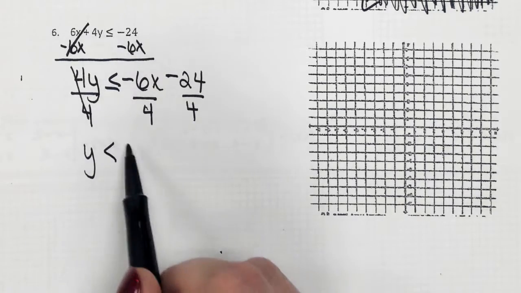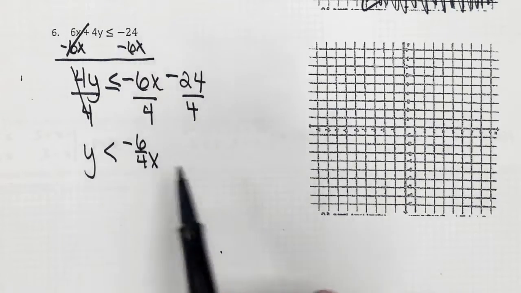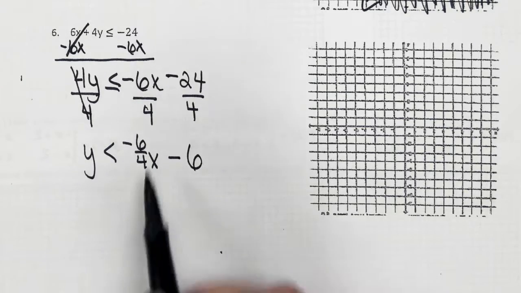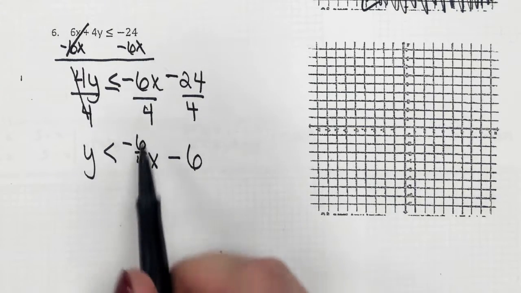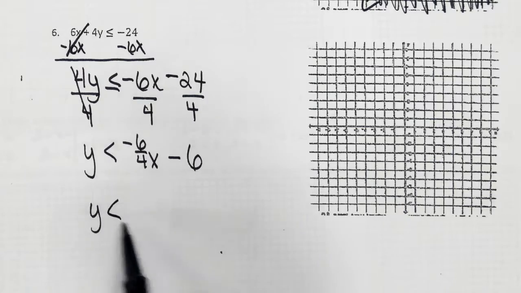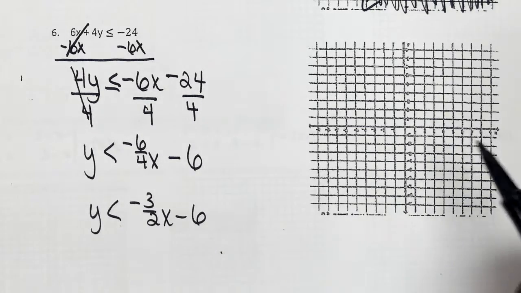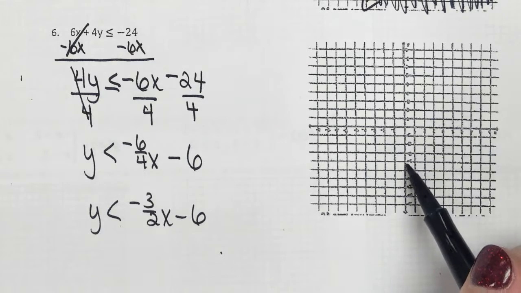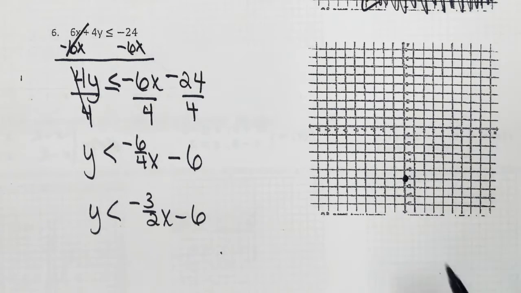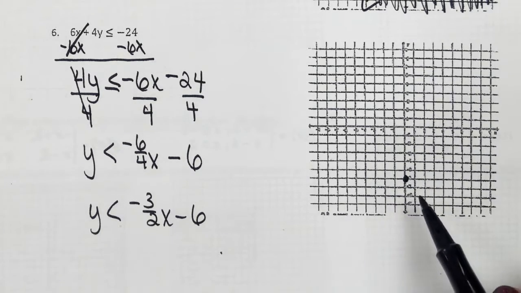So y is less than negative 6 over 4 x minus 6. But I really should reduce that guy right there. Negative 3 over 2. You'll get the same answer though, okay? So we're going to go down 6 for my y-intercept.